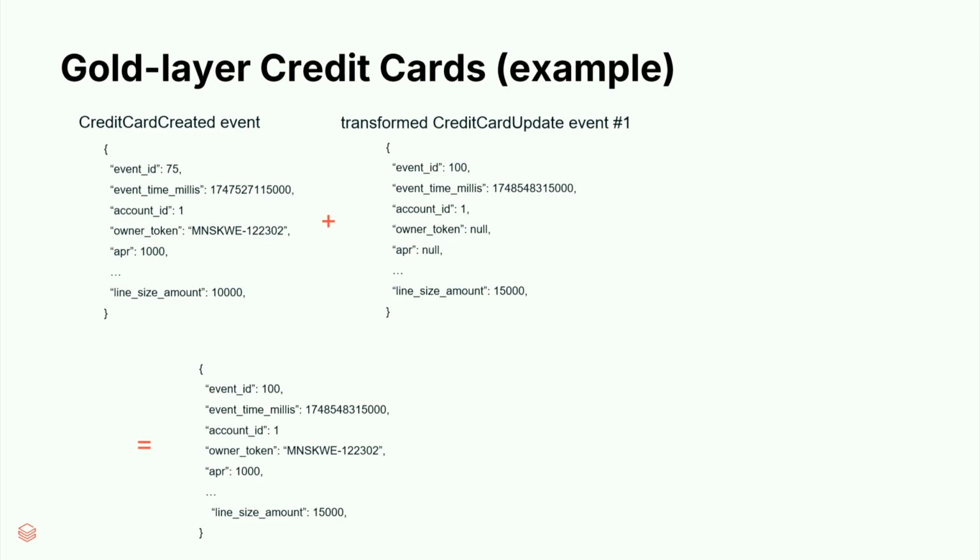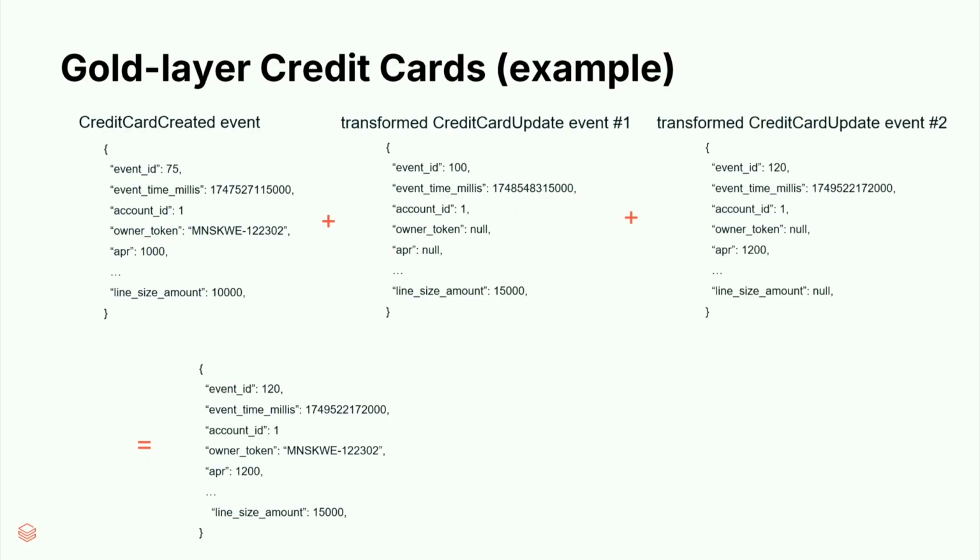Pretty much all the other fields on that event are set to null. So with ignore null updates, as you'd expect, we just ignore all those null fields and overwrite the line size to 15,000. And this can just extend to any number of events. This second example is just overriding APR from 1,000 to 1,200 basis points.